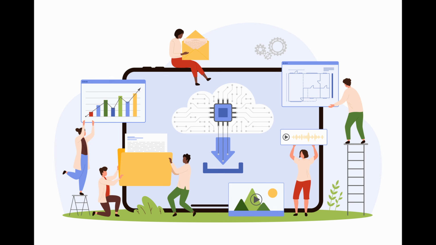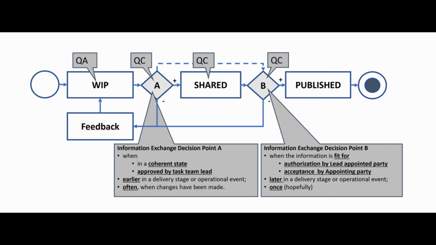A well-designed CDE enables smooth information exchange between parties while maintaining audit trails, version control, and appropriate security levels. In practice, the CDE often supports data quality verification by integrating acceptance processes described in ISO 19650 Part 4.